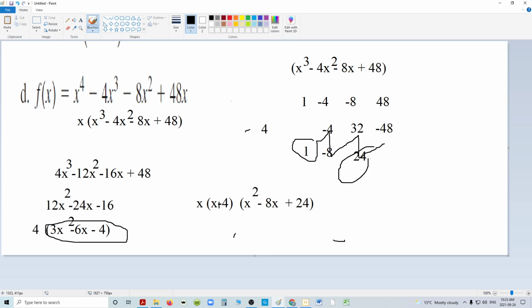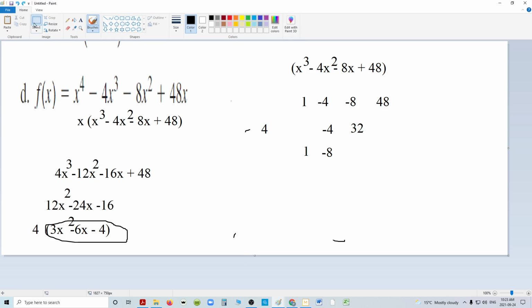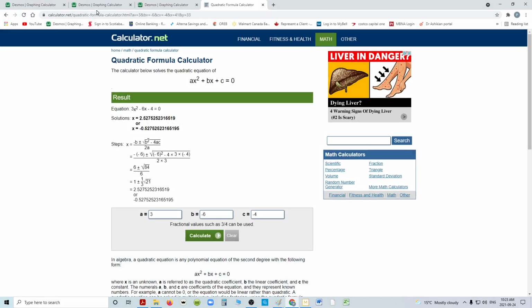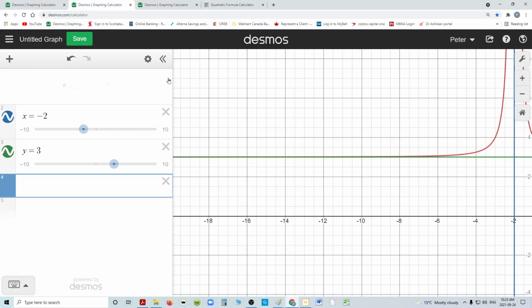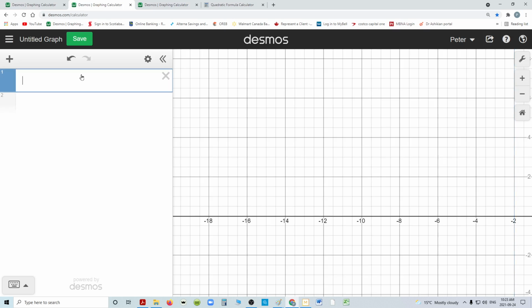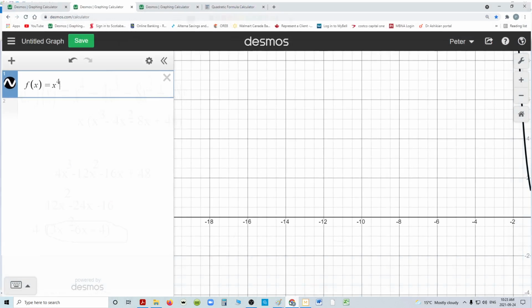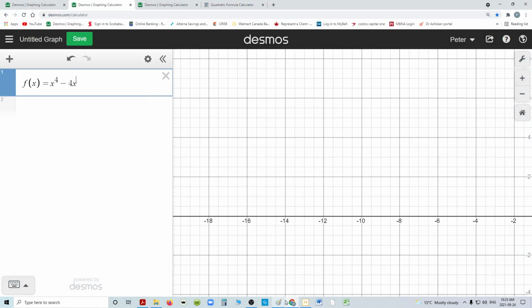I didn't do this last one correctly, so it's not. I'm pretty sure there's a clean factor in here, so I'm going to just throw up the equation. I know I said I wasn't going to do this, but minus 4x cubed. I'm going to just turn off the drawing so I don't see it.